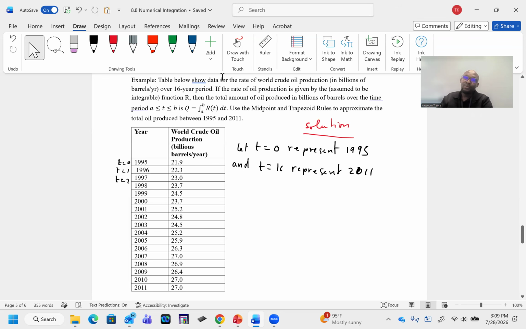Okay, so basically they did not ask us to find anything specific, they just asked to use the midpoint and trapezoid rule to approximate the total oil produced between 1995 and 2011. So we first choose n is equal to 4, because they did not specify how many subintervals to use.